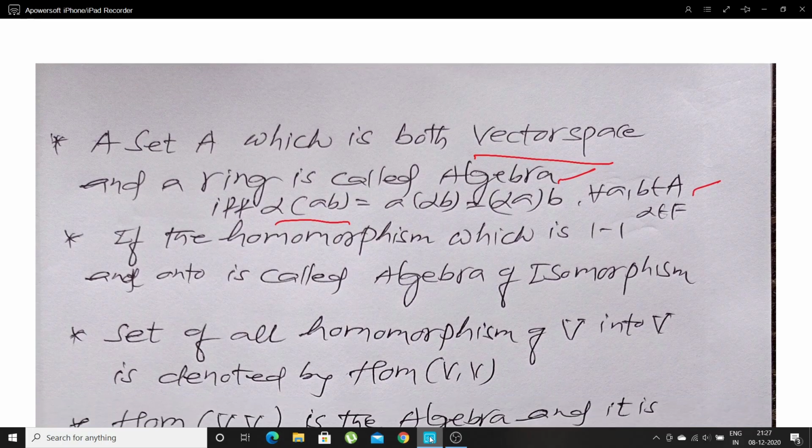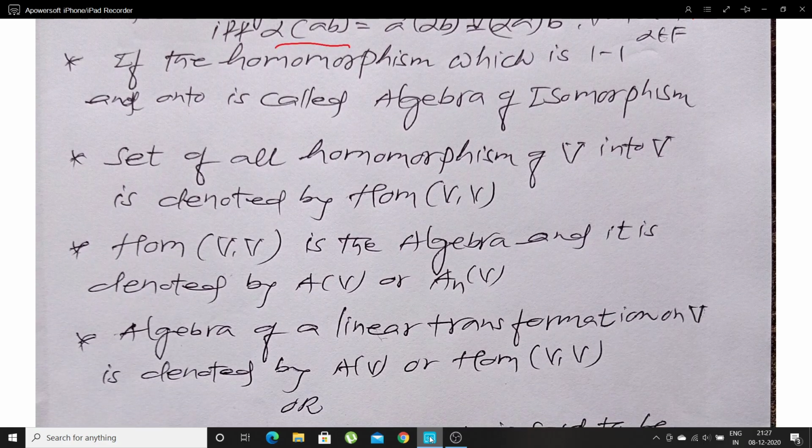Second point, a homomorphism which is both one-one and onto is called an algebra isomorphism. The set of all homomorphisms of V into V is denoted by this notation, homomorphism of V into V. What does V stand for?